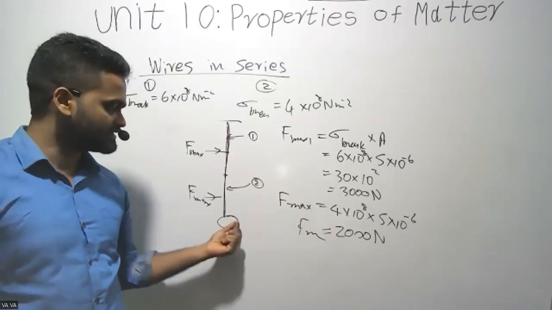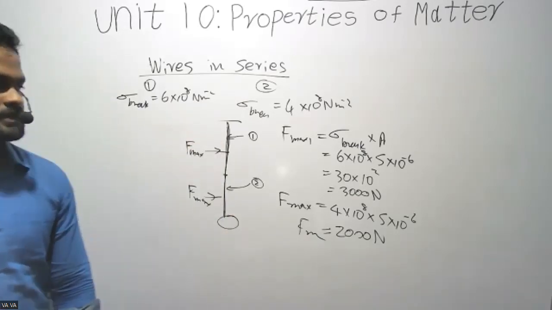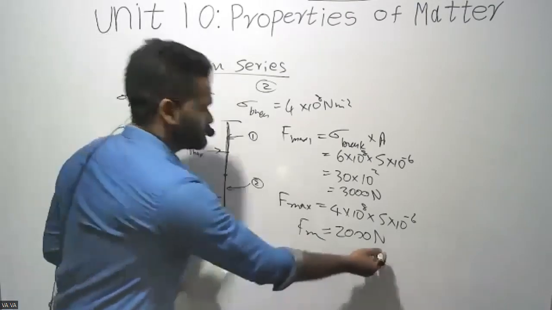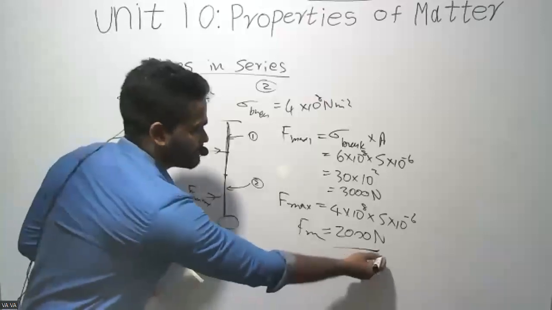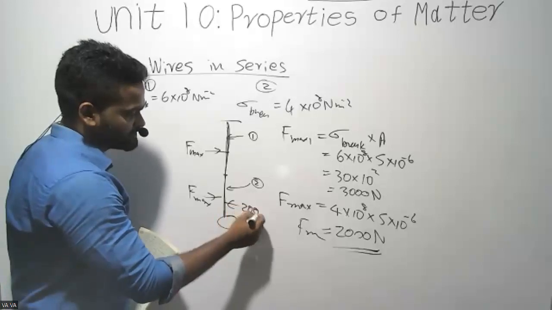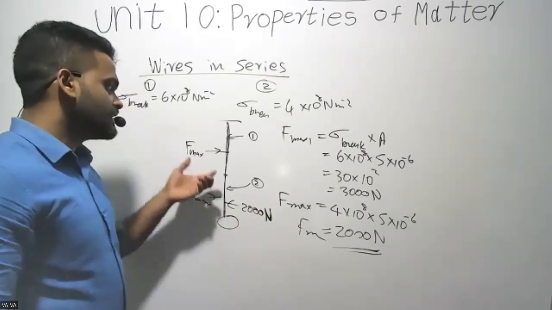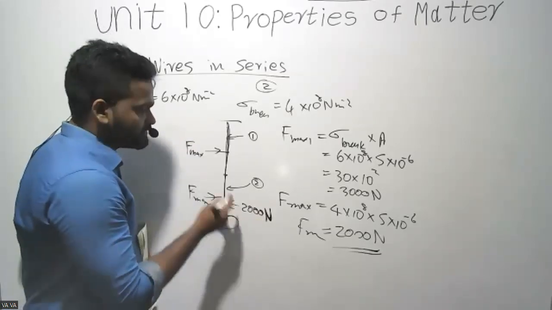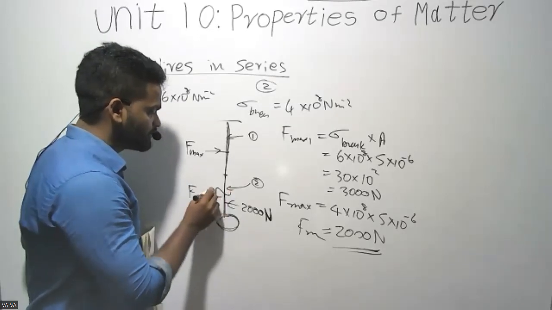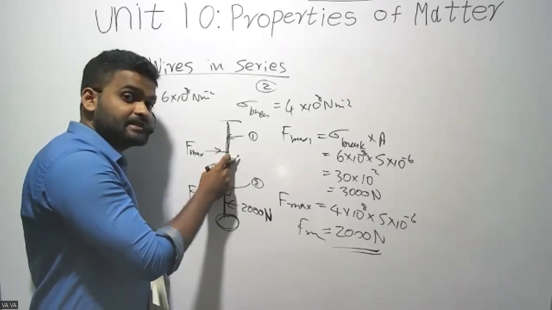So what about the maximum load that you can apply here without breaking this compound? If you think about that, this should be 2000 Newton, right? Why? Because when we apply 2000 Newton, this wire won't break, since this wire can withstand 3000.